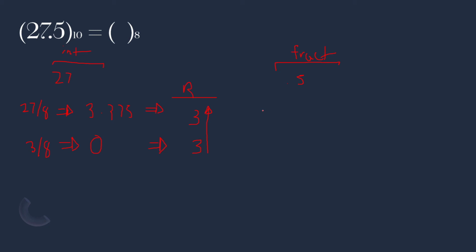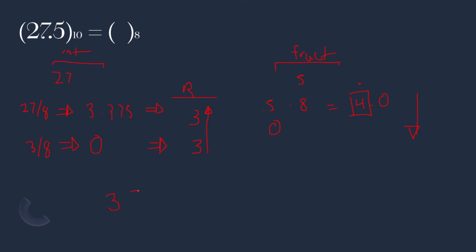What is our fraction part? Our fraction part is we multiply times 8. So this 0.5 times 8 is 4.0. And this is our octal point, right? So we take this 4, we move this here. This is 0, so it's done. Can't multiply by 8, it'll always be 0. So the way we read it for fractions, we read down.